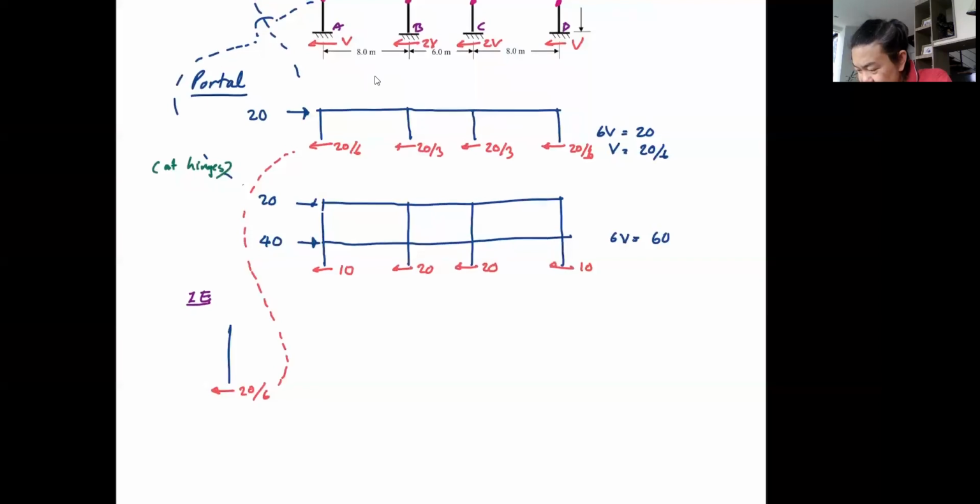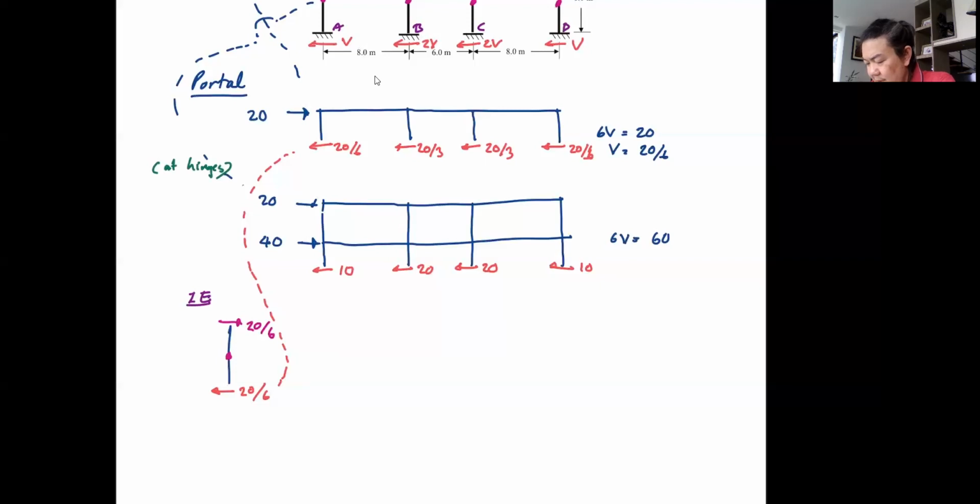Okay, that's a hinge. Okay, and what do we know? By using sigma fx, of course, you now know that this has to be 20/6. And now this is 20/6.